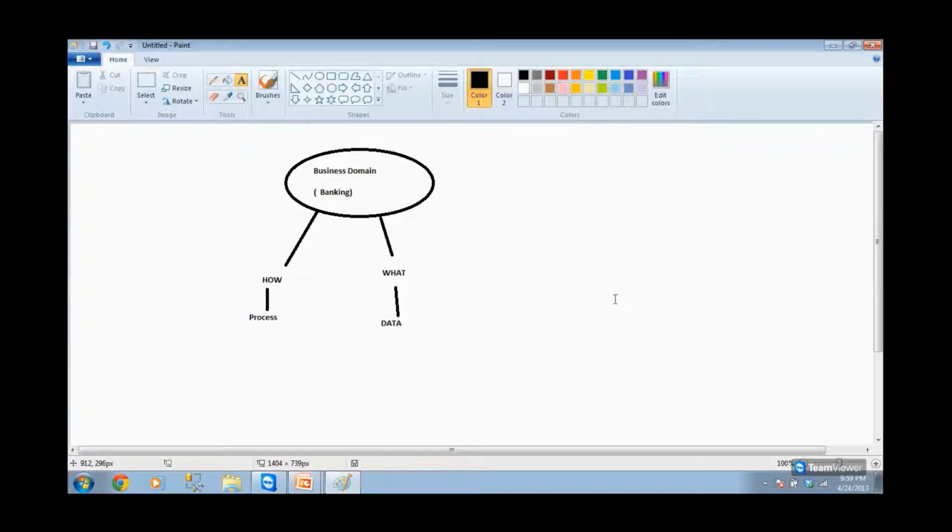We need your name, your address, your PAN card number, your address proof, everything to open an account. That means the banker is telling the data.